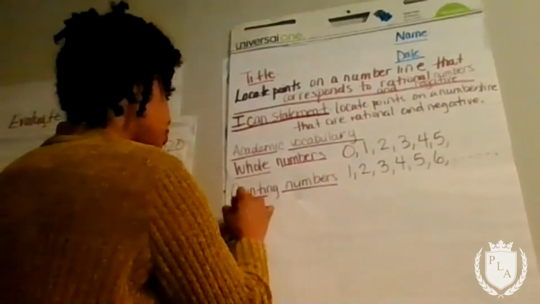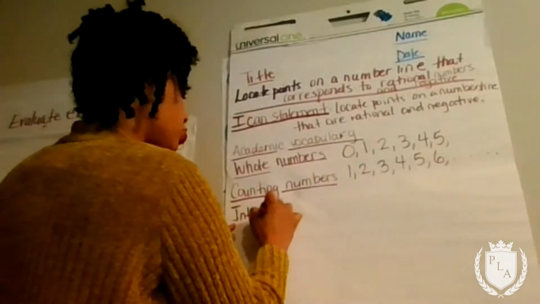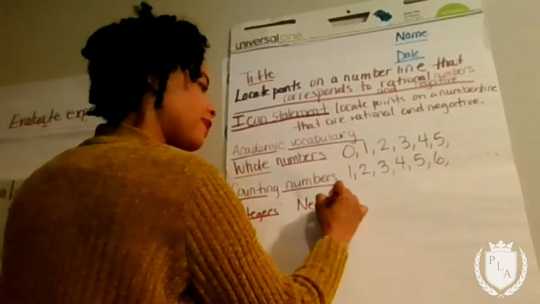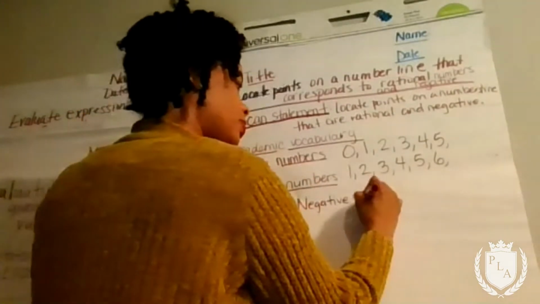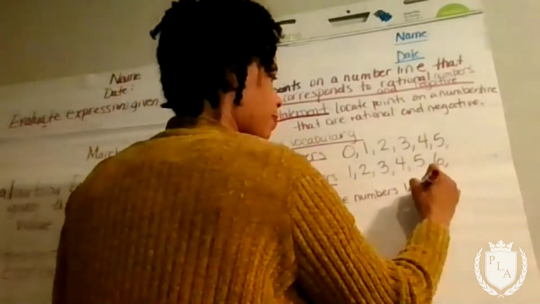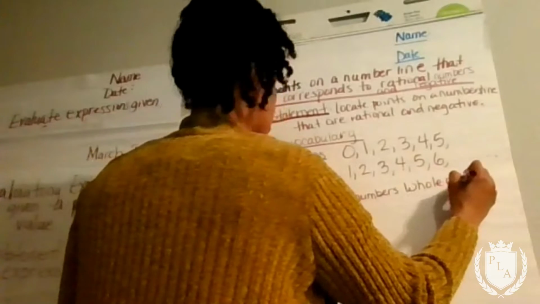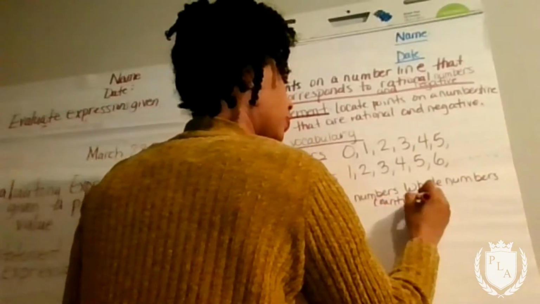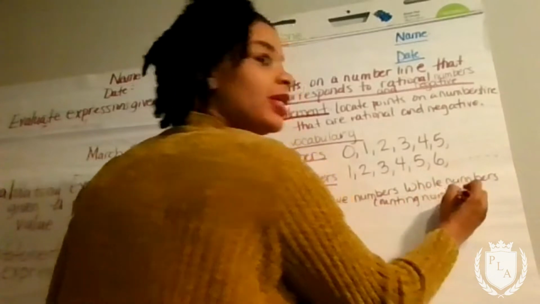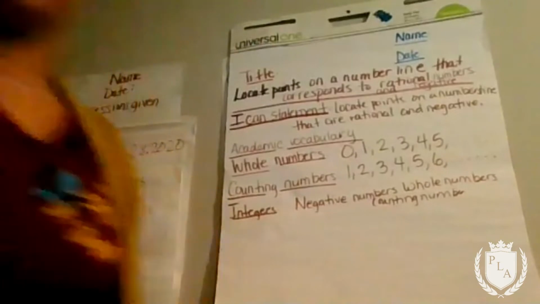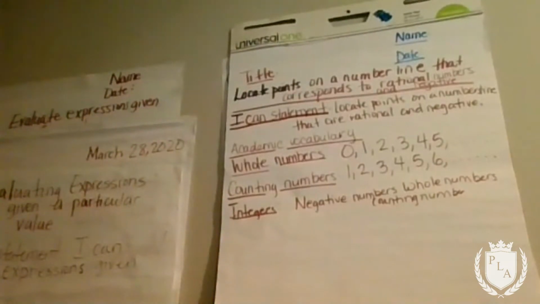Now we're going to go into integers. Integers are our negative numbers, whole numbers, and our counting numbers.